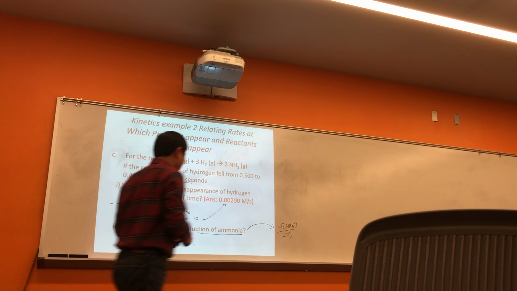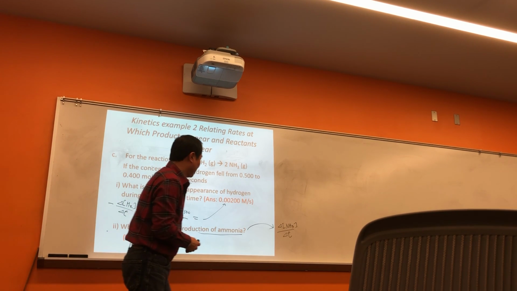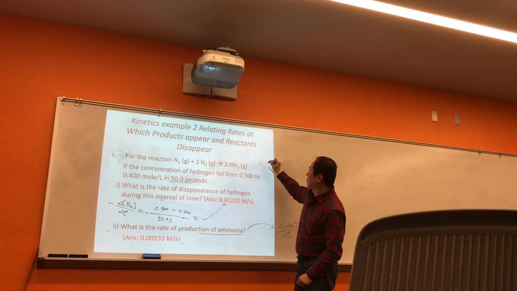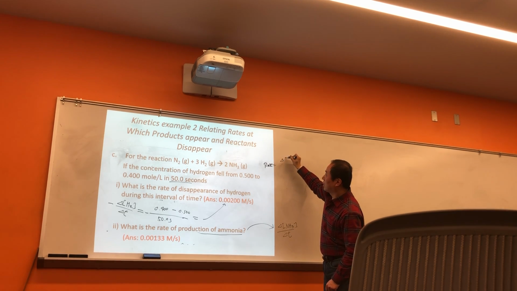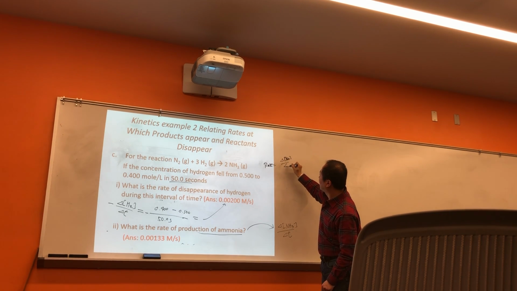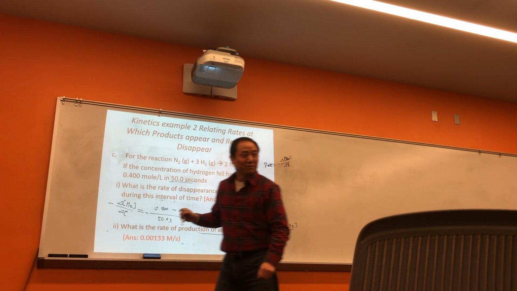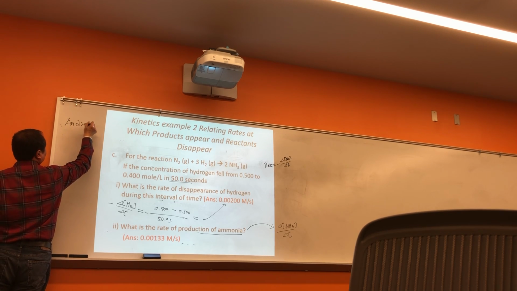Right. Let's go ahead. So the rate of production of this is, if I write the reaction rate, that will be negative delta N2 over delta T. My mistake.